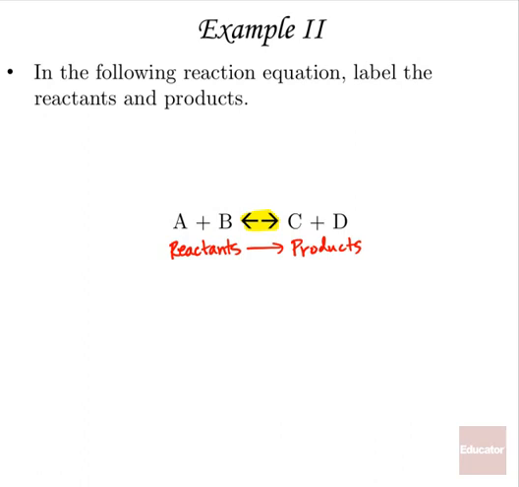So, in the other direction, C and D are your reactants, and A and B are your products. So all four A, B, C, and D are reactants, and all four A, B, C, and D are products at one point or another in this reaction. Okay, so rightward reaction, A and B reactants. Leftward reaction, C and D reactants.